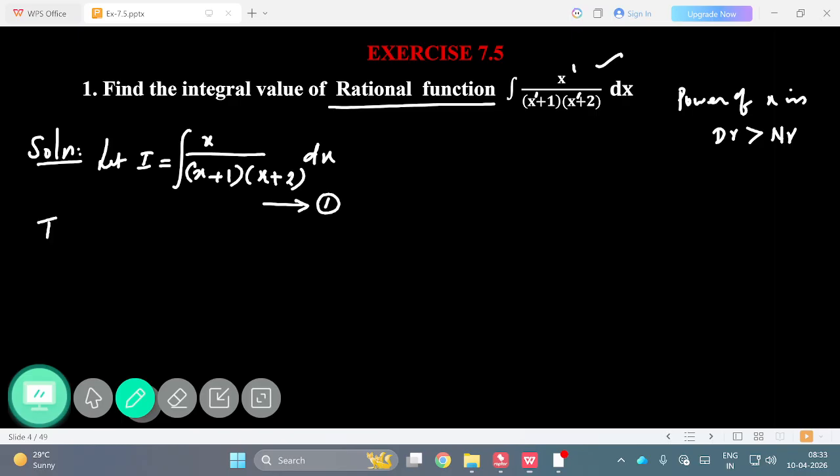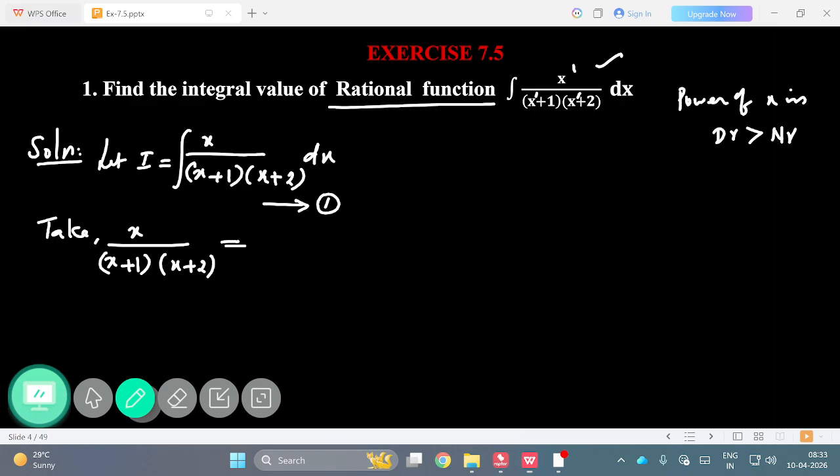After that, take the rational function x divided by x plus 1 into x plus 2. Any doubt? Equal to, don't bother about the numerator. Forget the comparison of x value only.